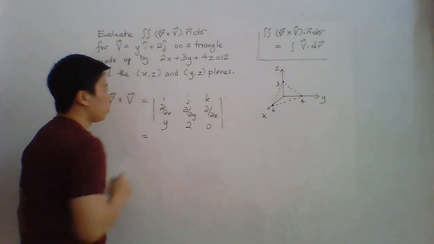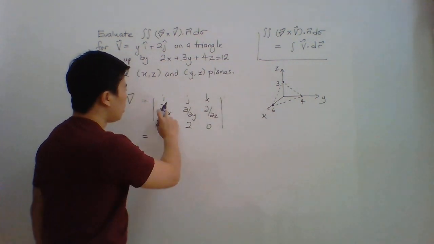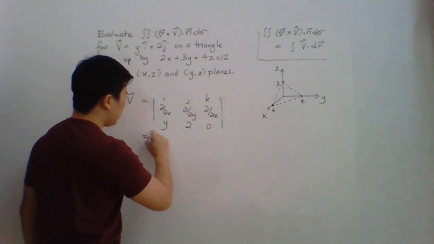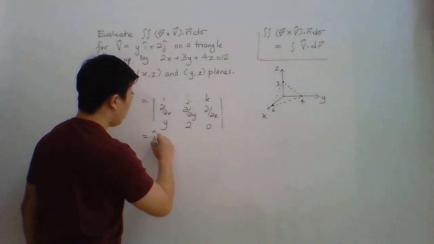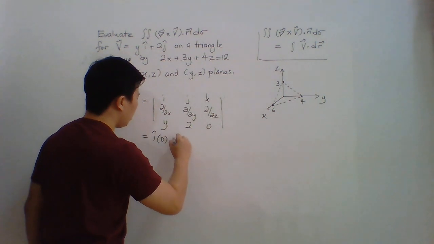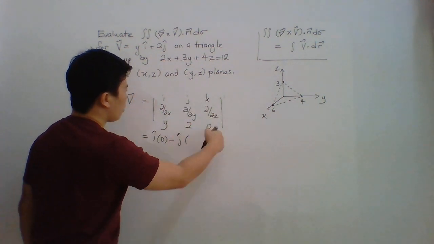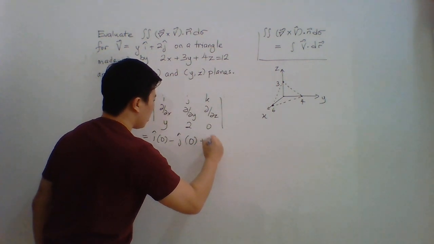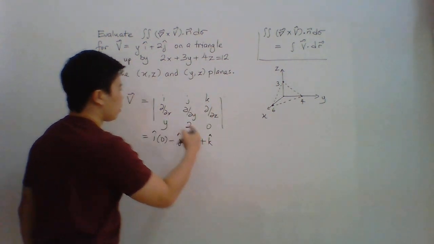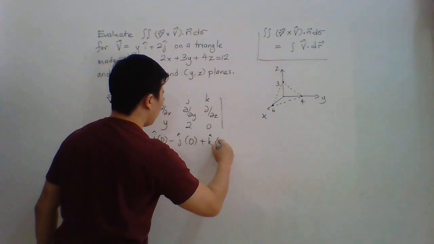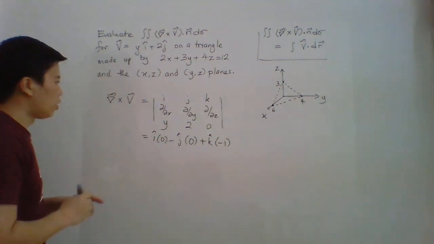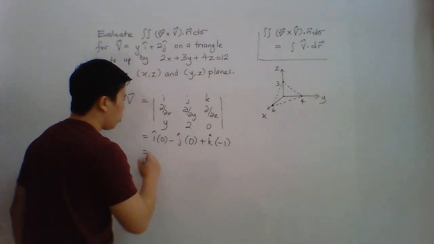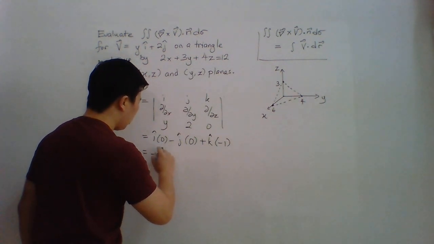So this is going to give me i times 0, minus j times 0, plus k times minus 1. And therefore this is going to give me negative k.